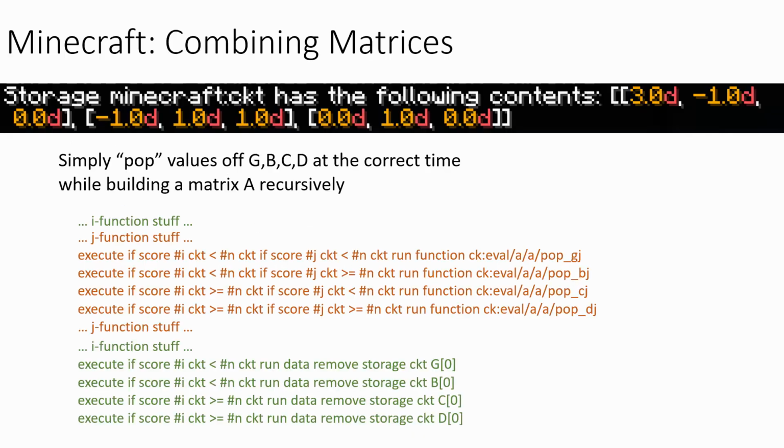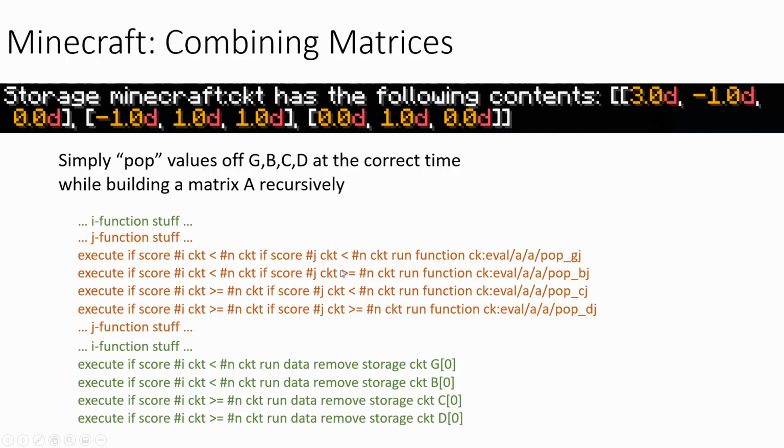So when we put all the matrices together, in Minecraft, we get 3, -1, 0, -1, 1, 1, 0, 1, 0. To put them together, we have the G, the B, the C, the D. We just need to pop the values off of G, B, C, D onto A. In the J stuff, we decide when to pop based off of where we are based on N. If we go past N, then we need to start popping from B. If we're before N, we need to start popping G, because G is M by N and B is N by M plus 1.